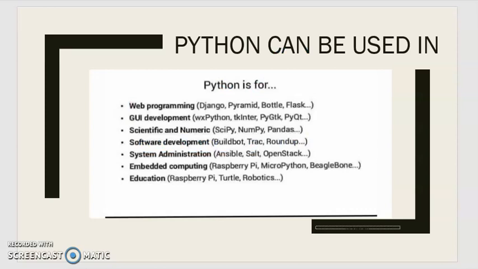Python can be used in web programming, in Django, Flask for the server-side things, GUI development, graphical user interface development, scientific and numeric software development, system administration, embedded computing, and education. And there are many others, like data science, machine learning, AI, etc.